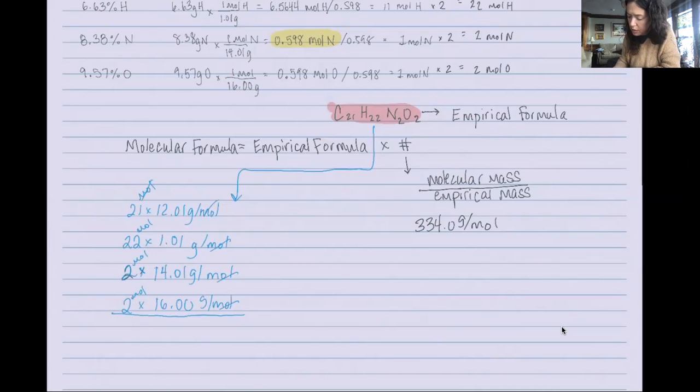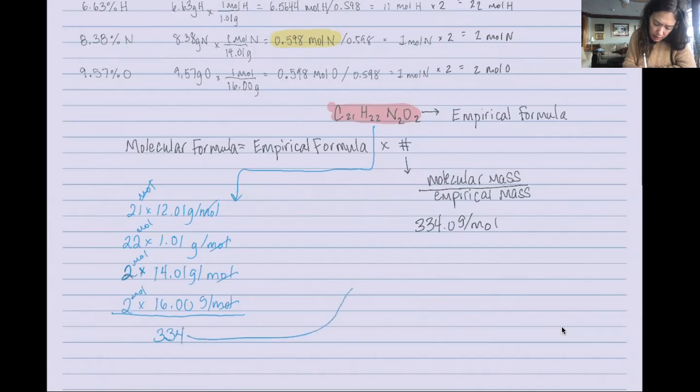2 times 16, plus parentheses, 2 times 14.01, close parentheses, plus 22 times 1.01, close parentheses, plus 21 times 12.01, close parentheses. And I've got a molar mass here right at 334.